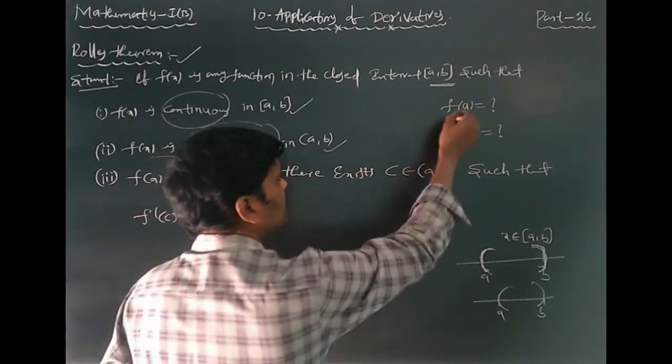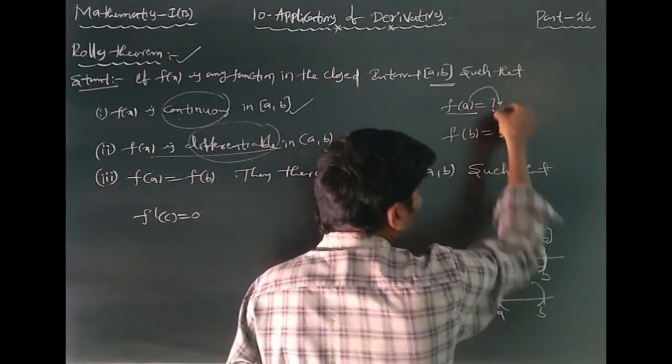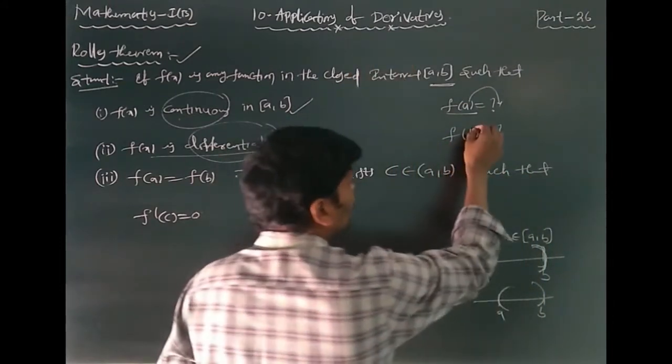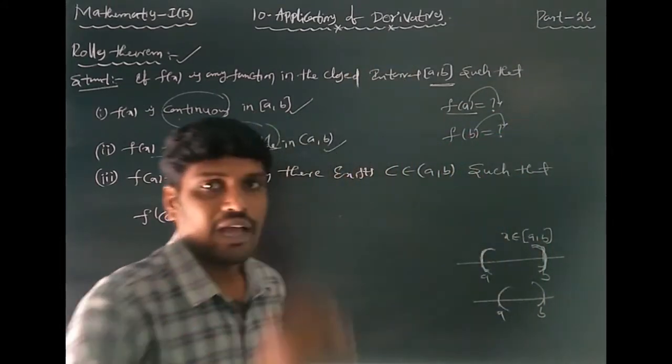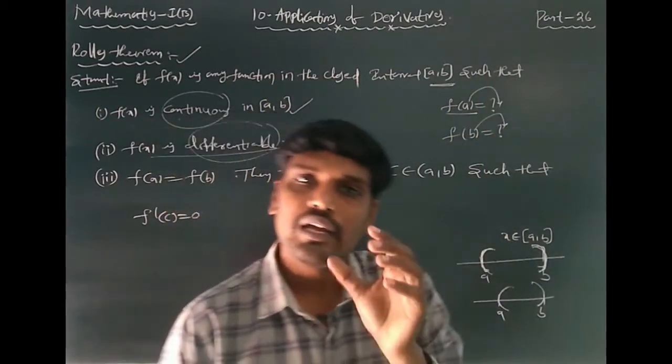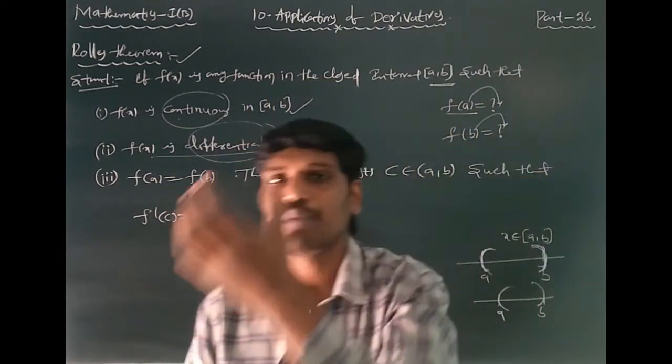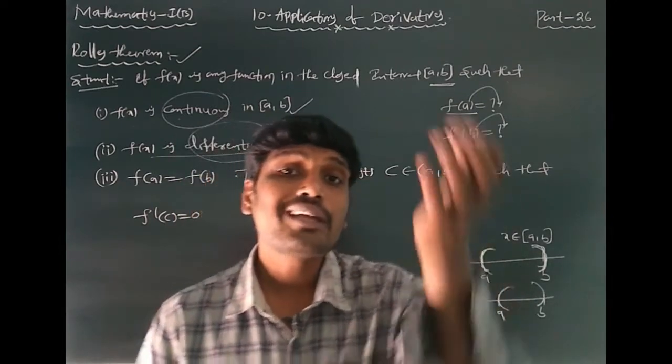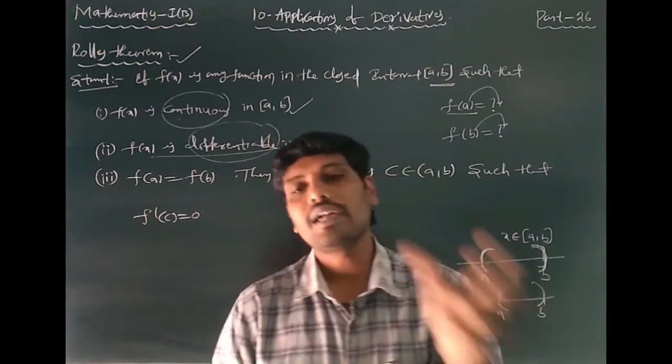You substitute the minimum value in the function f of x, you get one value. You substitute the maximum value, you get another value. These two values must be equal. Suppose you substitute the lower limit and get some value. You substitute the maximum value and you get the same value.